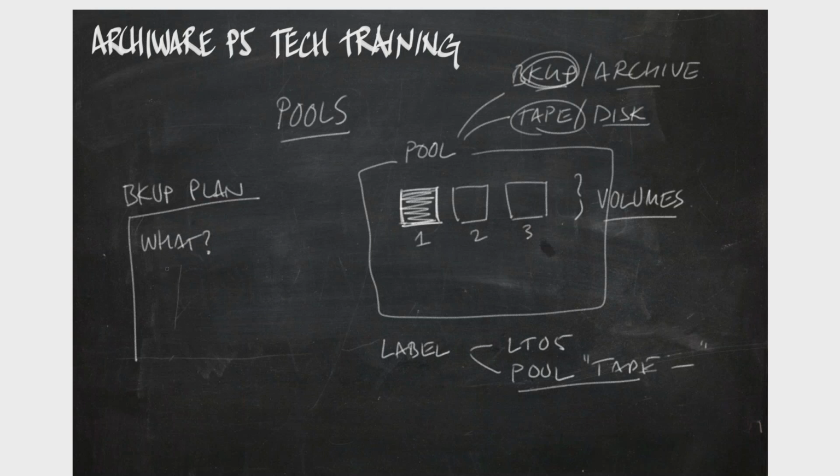So that will consist of like the Windows machine plus a folder, a list of folders, and the Linux machine plus a list of folders. So that's the what, consists of machines and the folders that you want to back up from those machines. And then there's the where, which will basically be a target at a pool. So we might say, yeah, this pool here that we've already labeled our tape into.